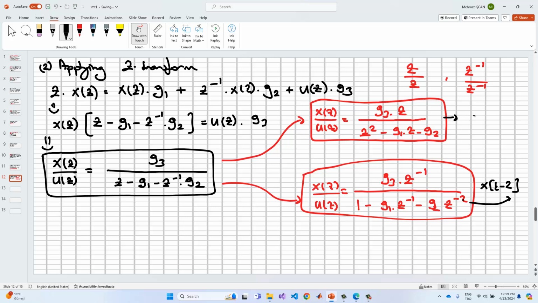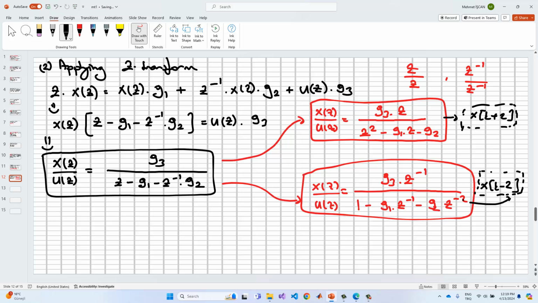But the other term is the xk plus 2, which is given in here just like this one, which means that we need to have the future values because we have the z square form in here. Okay, this is important because in a real-time application we may use either this form or this form. It depends on the implementation of your system.